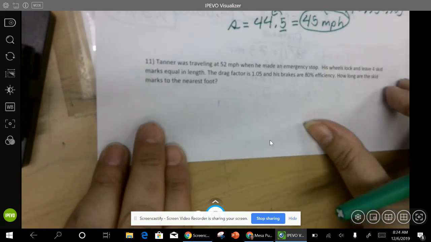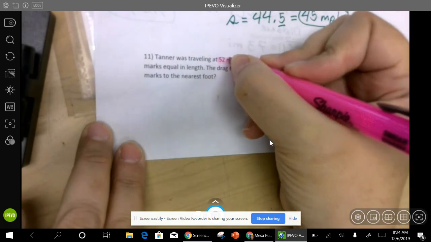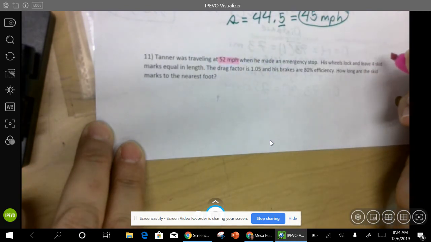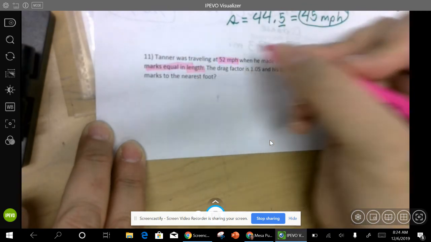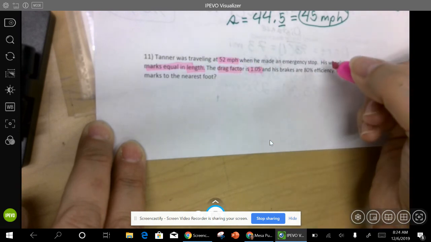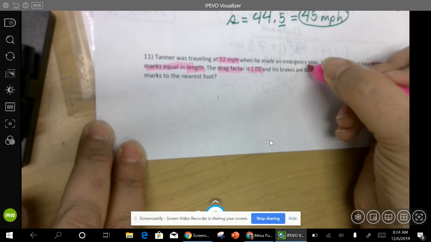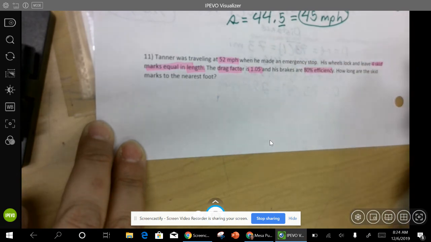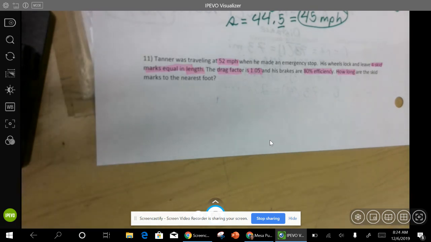Tanner was traveling at 52 miles per hour when he made an emergency stop. His wheels lock and leave 4 distinct marks of equal length. The drag factor is 1.05. His brakes are at 80% efficiency. How long are the skid marks to the nearest foot?